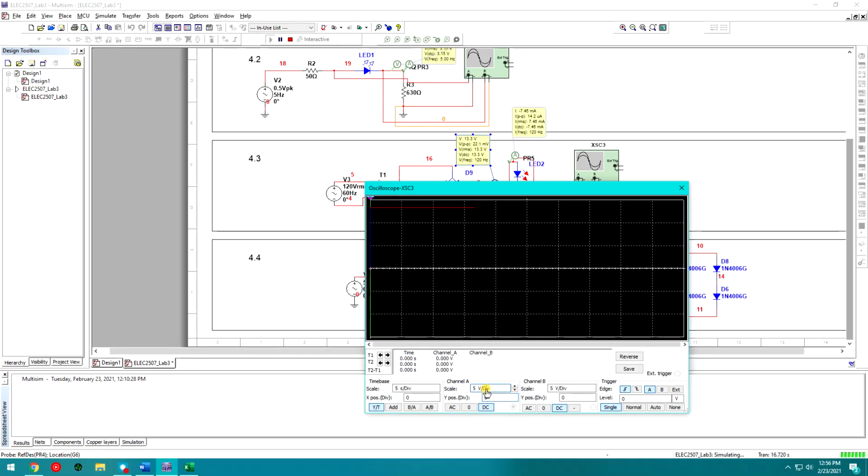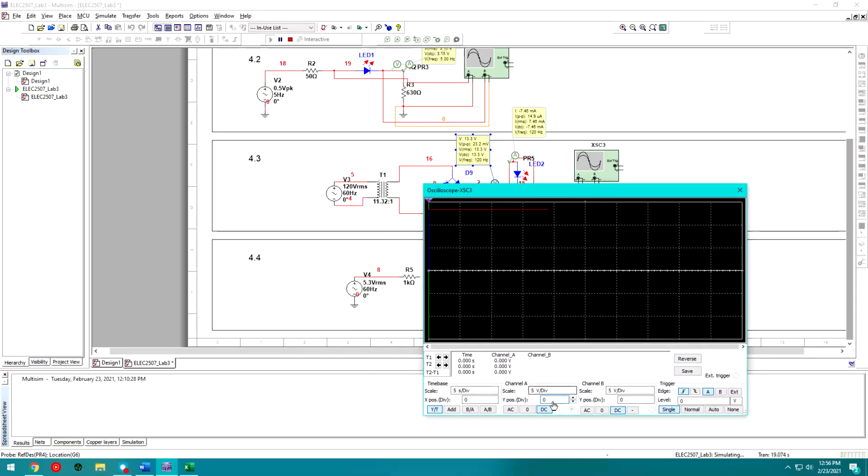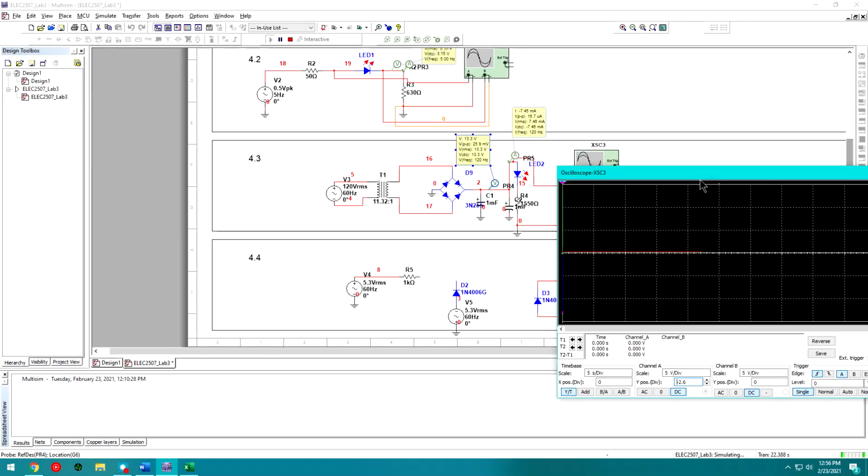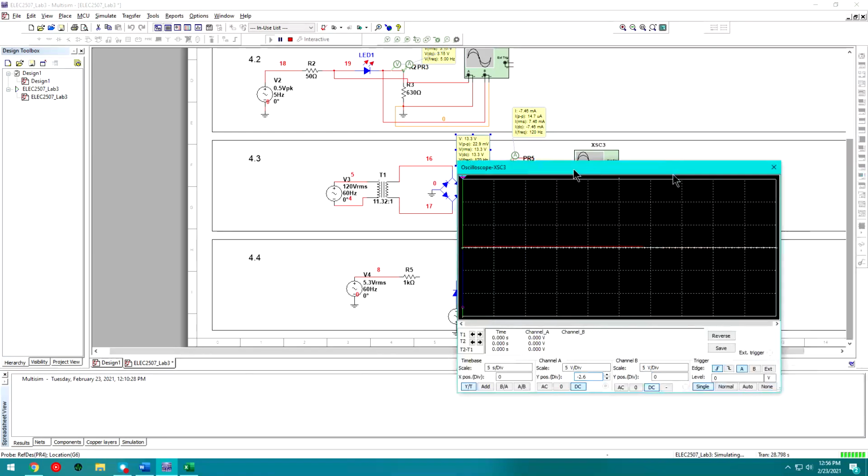Knowing that the scale is 5 volts per division, what will we have to go down by in divisions to offset by 13.3? If we divide 13.3 by 5, we know we need 2.66 divisions for this waveform to be centered in the very middle, and we're at 2.6 and almost centered, so that makes sense.